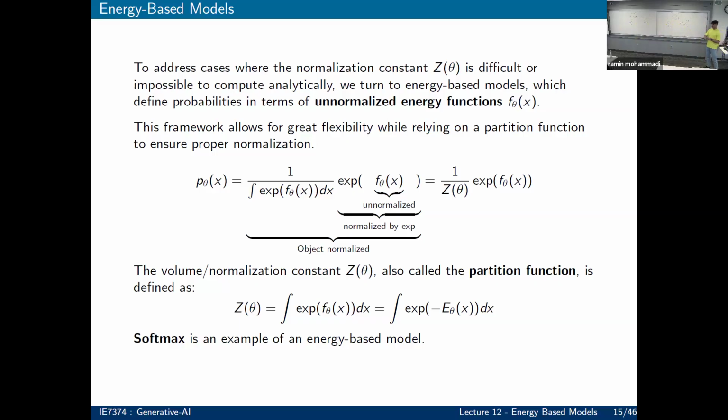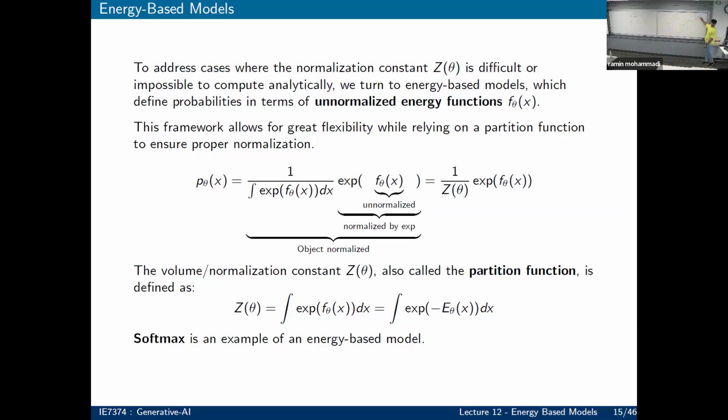And the idea is that when you think about it as a distribution, where you have a region where the density is high, the energy will be low. Let's look at it in 2D. So you have this contour, right?